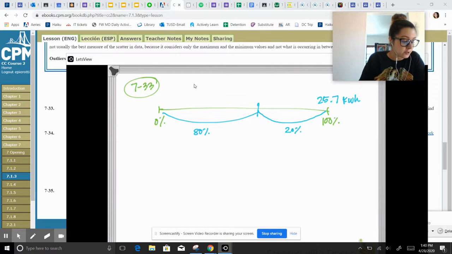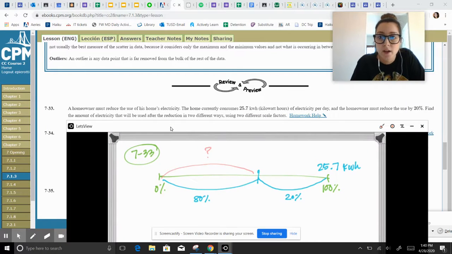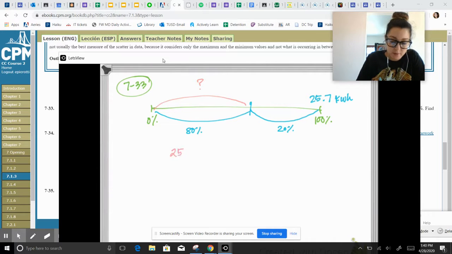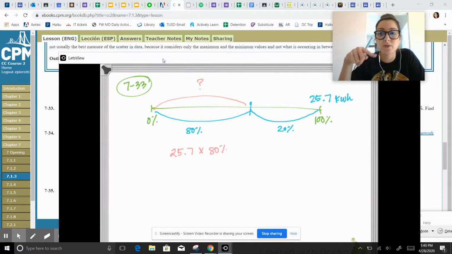So what we need to do is figure out what that amount is. I believe that's what the question is asking. Find the amount of electricity that will be used after the reduction in 2 different ways. So basically you're finding 80% of the 25.7 kilowatt hours. So what you need to work out is 25.7 times 80%. And I already showed you some ways that you can calculate that earlier in this video.